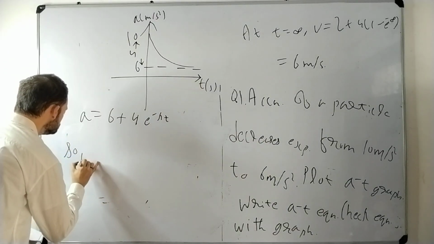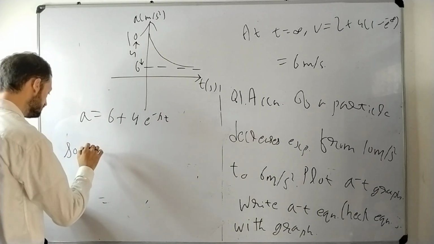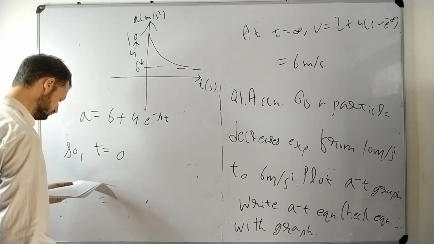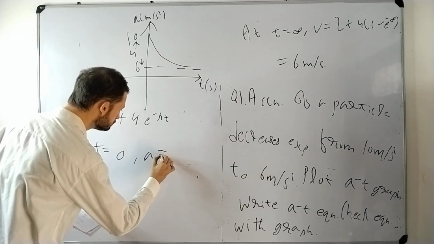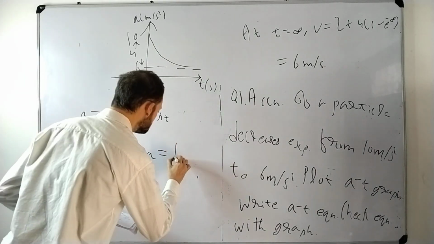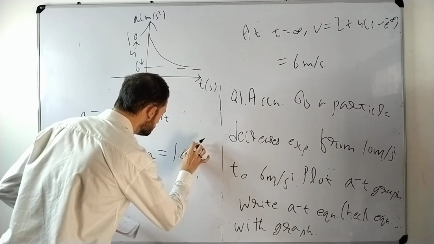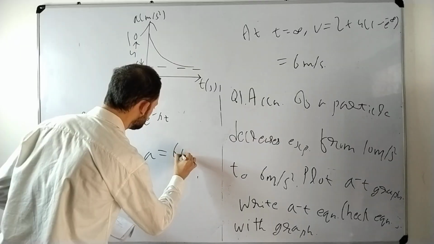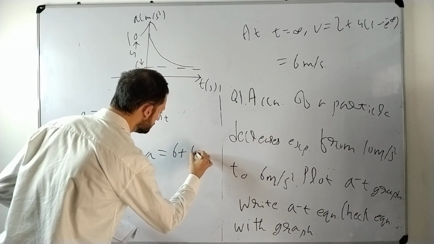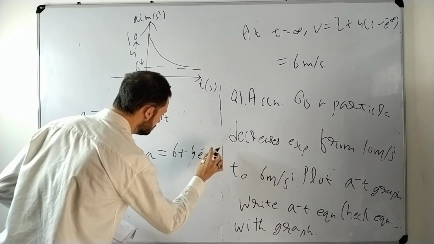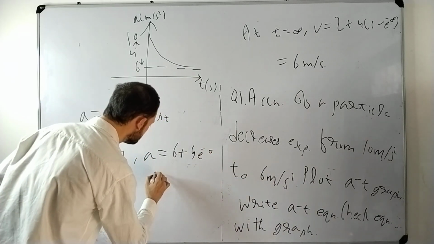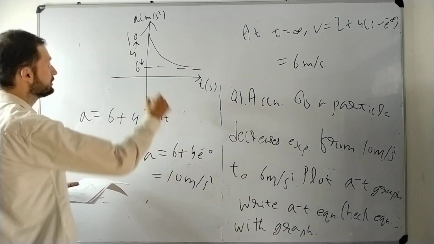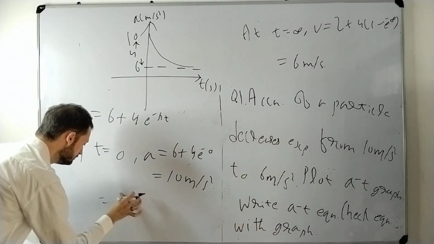So at t equal to 0, A is what? 6 plus 4 E minus 0, and it is 0, then it happens to be 10 meter per second, right, which is the given value.